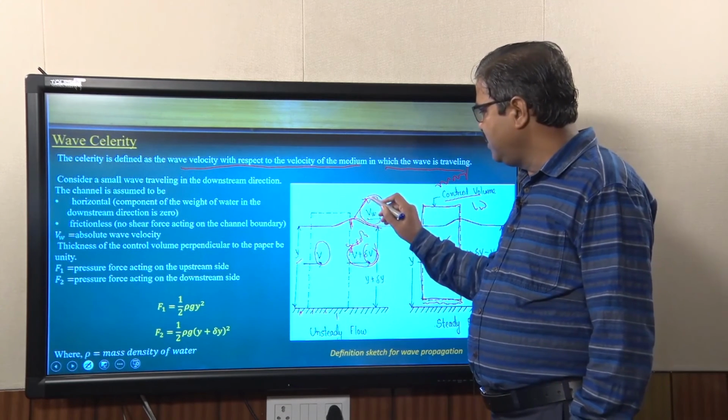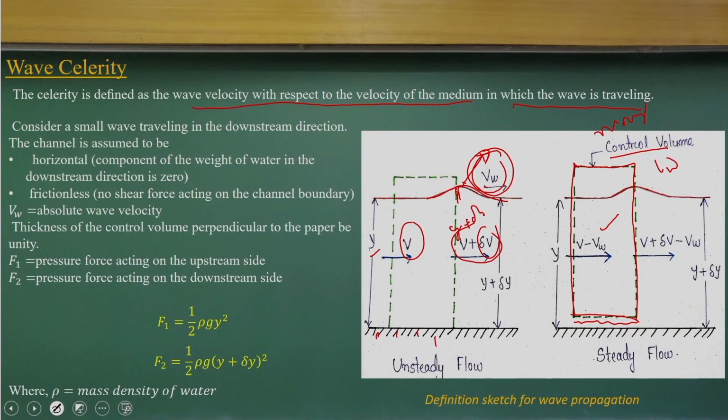Let me consider Vw as the wave velocity which is moving on this. To consider this unsteady problem, we consider a moving control volume with the Vw velocity, and we change the relative velocity components and we have the y depth and y plus delta y depth.